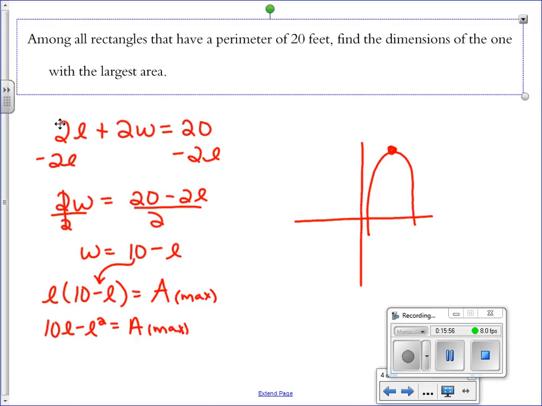If you can't see the top of the parabola, go to zoom, and then zoom out, which is number 3, and just do that until you can see the top point in your parabola. Zoom, 3, enter.